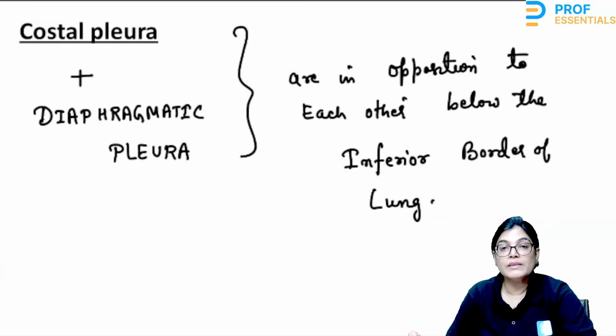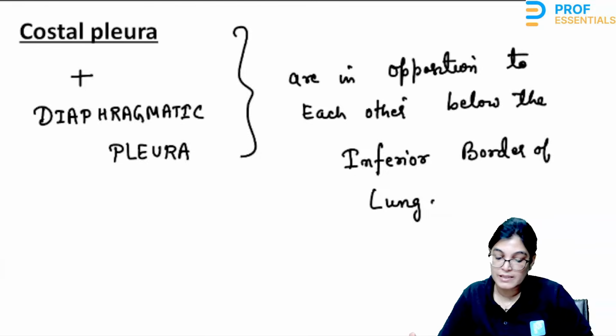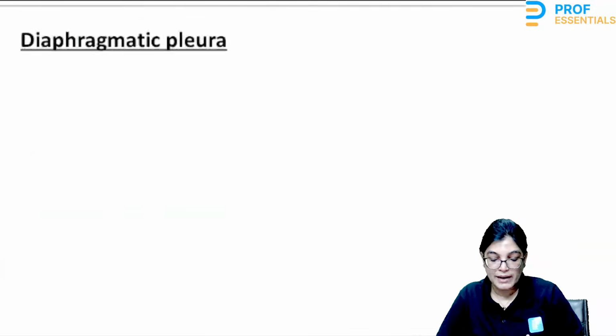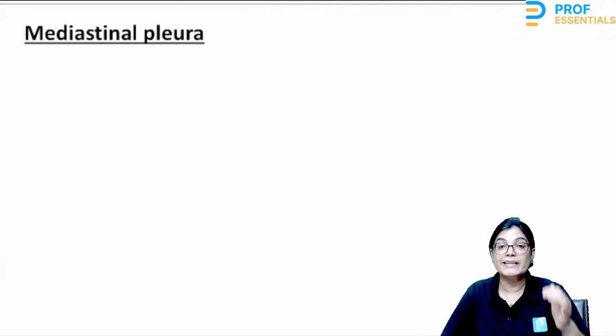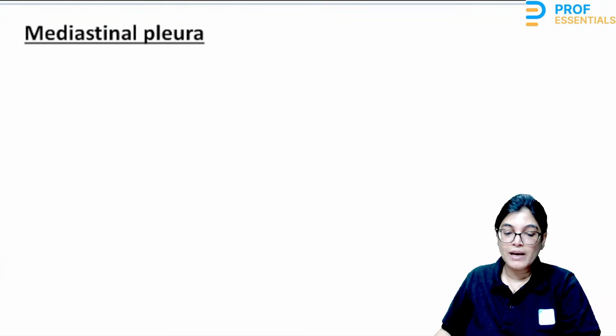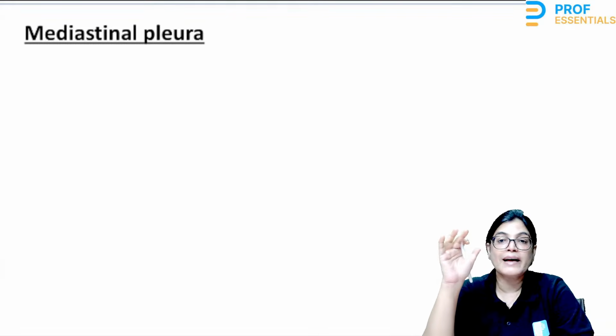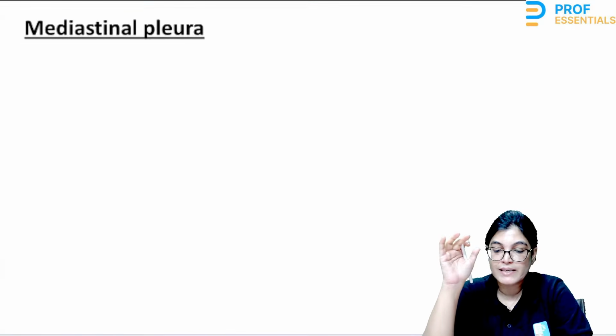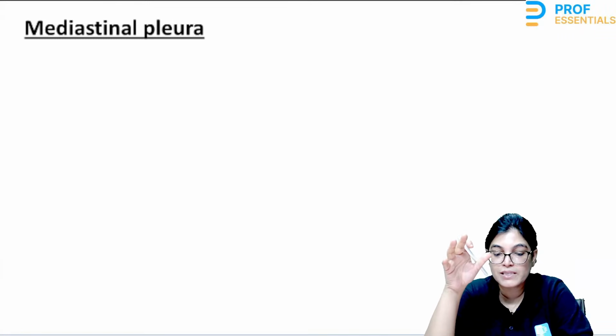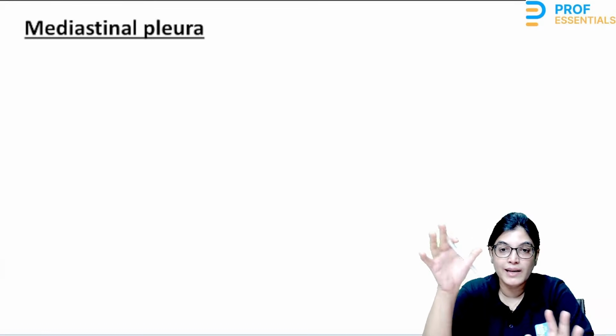Thereafter, we'll talk about the cervical and mediastinal pleura. So, we have done with the costal and diaphragmatic pleura. Now, we will talk about the mediastinal pleura. When I'm using the word mediastinal pleura, what does that mean? It will be attached to the mediastinum. And what is mediastinum? Mediastinum is the space lying between the two lungs on either side.